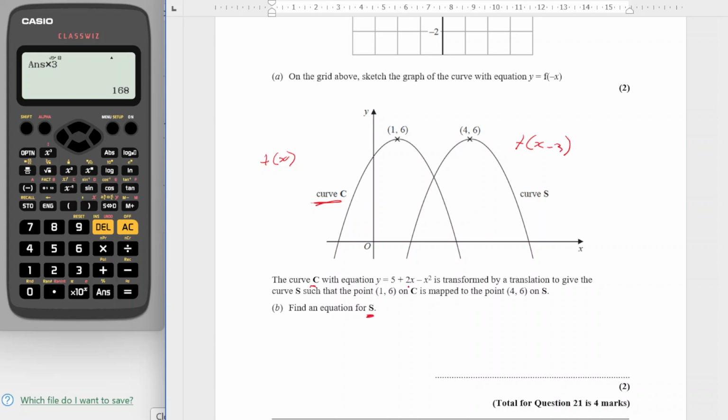So as an equation, all we're really going to have to do is say that y is equal to 5 plus 2 lots of x minus 3 minus x minus 3 all squared. I'm just trying to look whether I need to tidy that up, because I could definitely tidy that up.